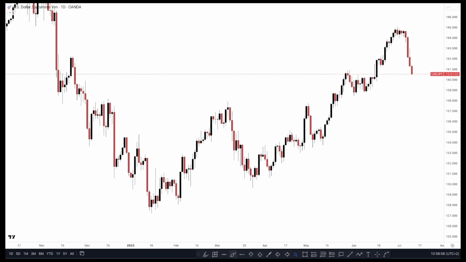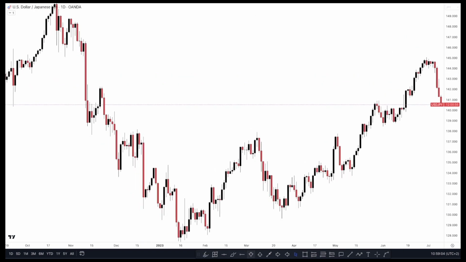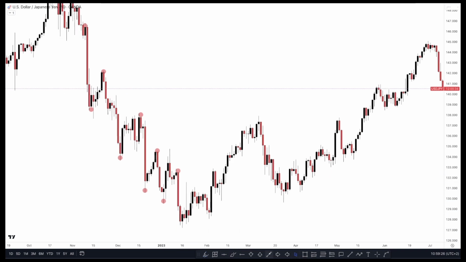I'm going to be plotting these two, which would be my high and my low. That is my high there, that is my low. This is my lower high, this is my lower low, lower high, lower low, lower high, lower low. This is my lower high, and down here is my lower low.